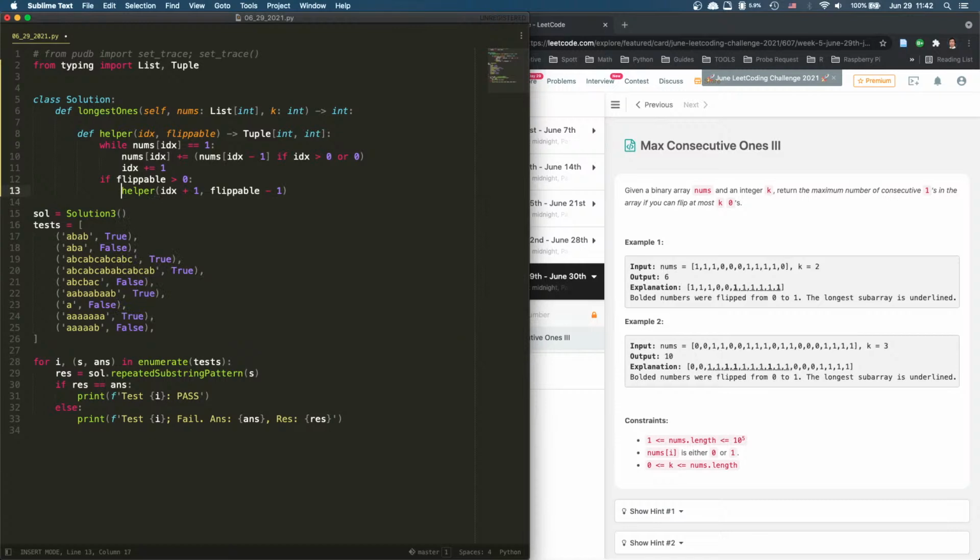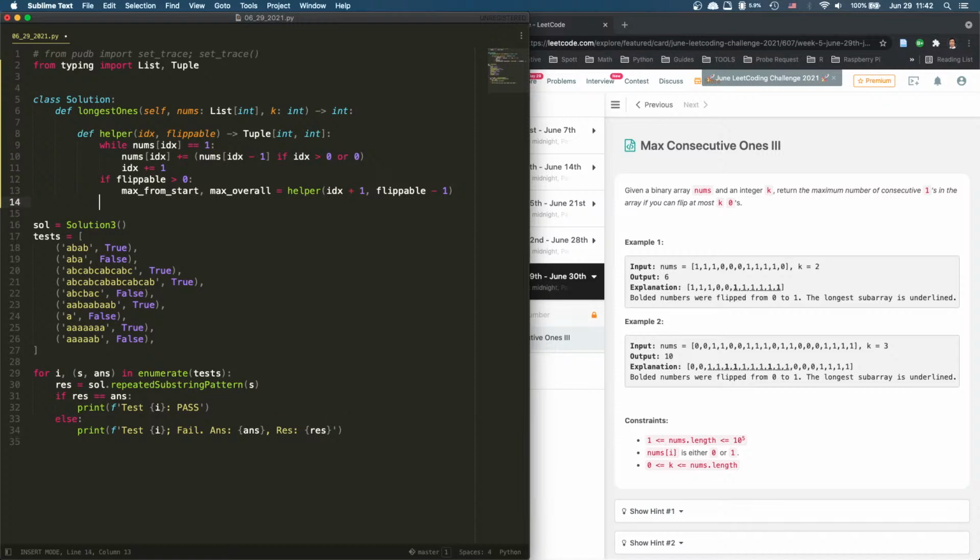This one will give us max from start and max overall. If flippable is not larger than 0, then we can only do 1. That says I do not flip myself.